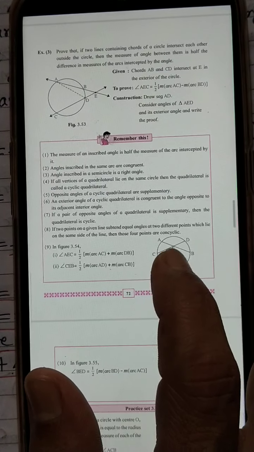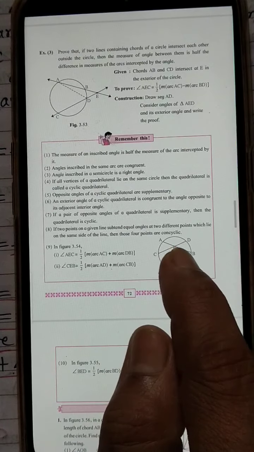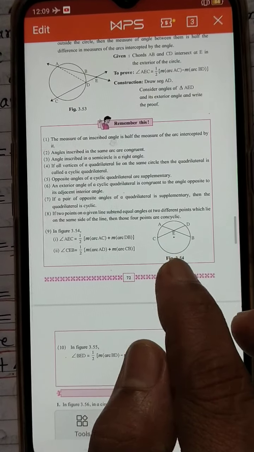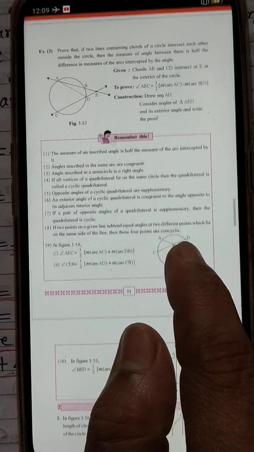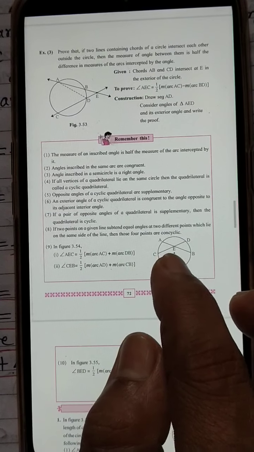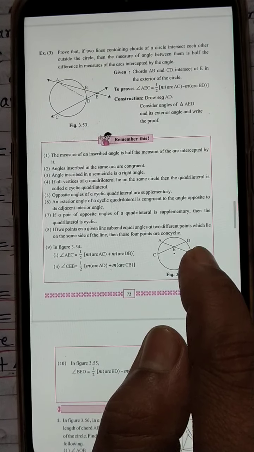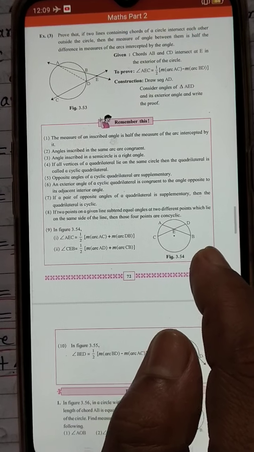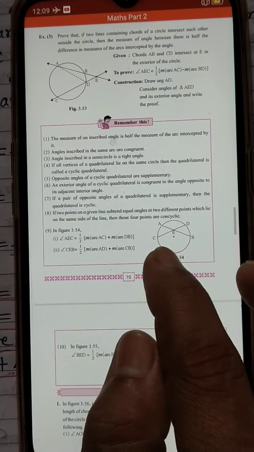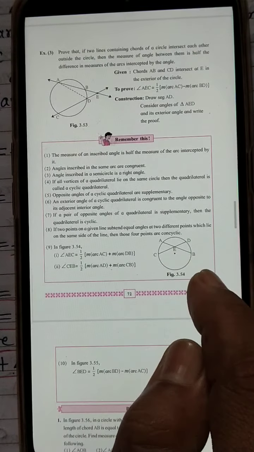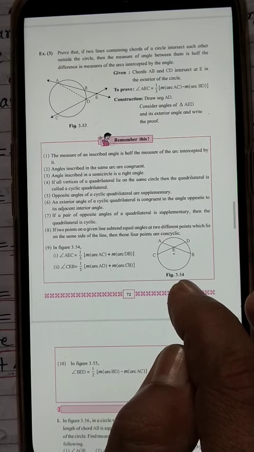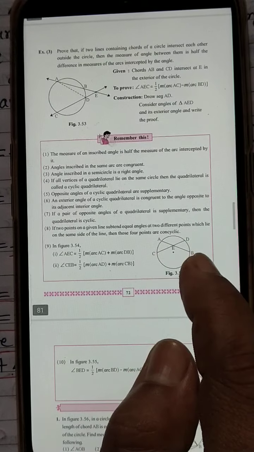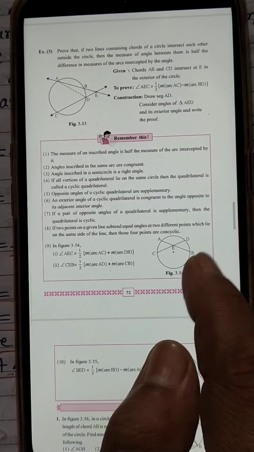So angle AEC is equal to half the measure of arc AC plus the measure of arc BD. Then angle CEB is equal to half of the measure of arc AD plus the measure of arc CB.